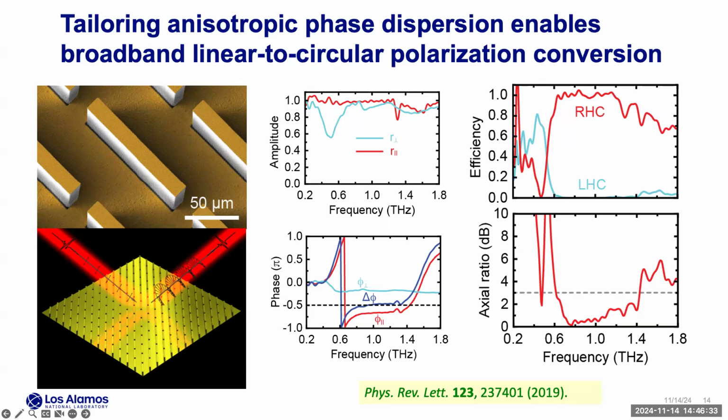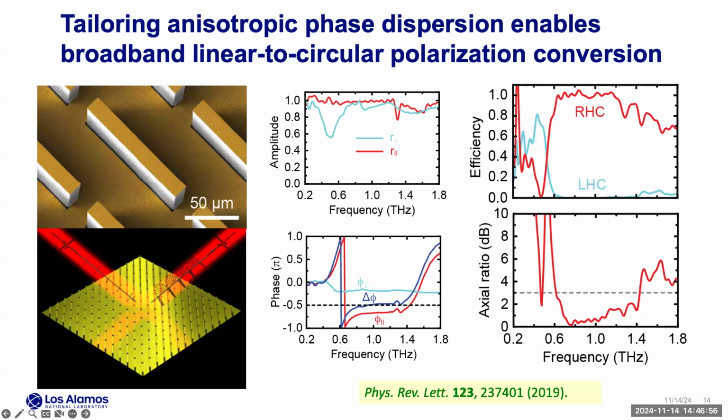So in this case, the terahertz wave would come in here at 45 degrees. You get both components. And there'd be a phase difference, which is basically pi over 2. And so that converts, and the reflectivity is close to unity for both of these reflections.